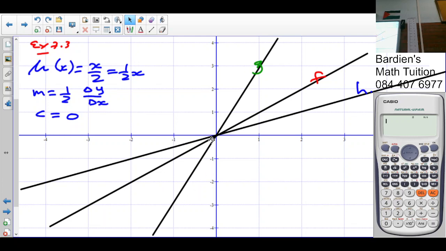Can you see it? And the least steep is h of x. So as this gradient increases, the graph becomes steeper and steeper and steeper. As this gradient becomes smaller or closer to 0, the graph becomes less steep. Okay? You all okay with that?